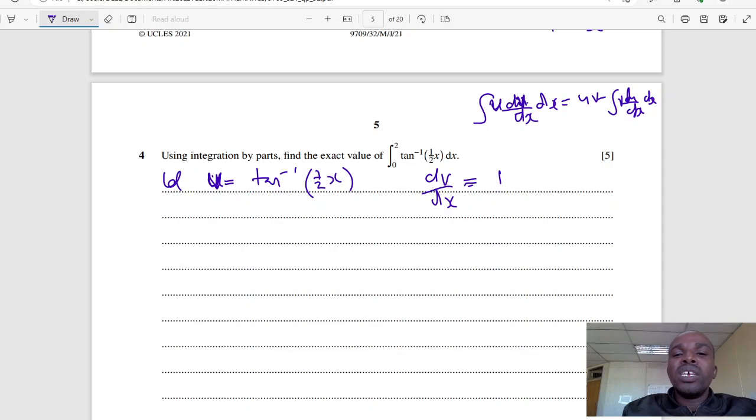You can let it be 1, so you can put 1 somewhere here multiplying this part.